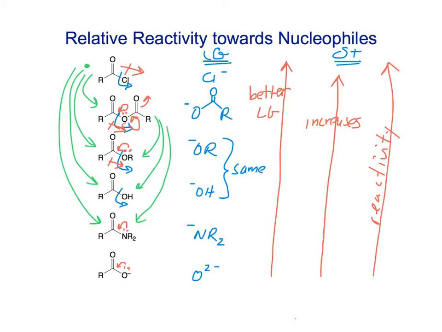Yeah, question? So with the alcohol group and the ester group being the same, can we go up and down those ones pretty interchangeably? Okay, so the question is, because we say that the ester and the carboxylic acid have roughly equivalent reactivities, can we go between those two? And we can.